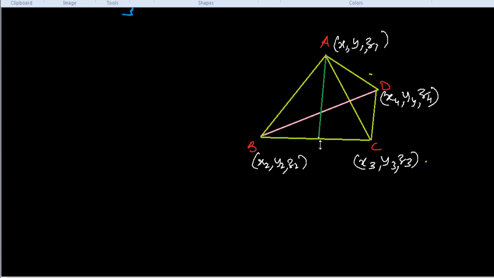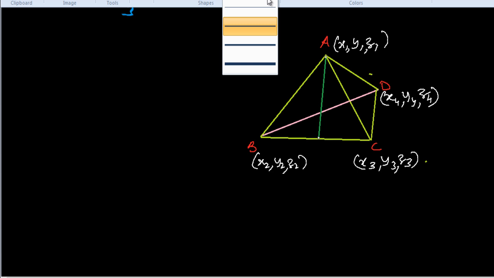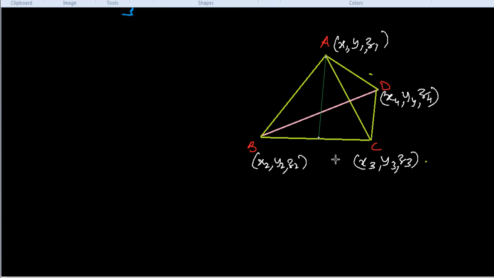This is the median. This is the midpoint of this side we have drawn here, and one more median I will draw from point B on edge AC. I draw here another median. So these two medians meet at this point. So this is the centroid of this triangle ABC.